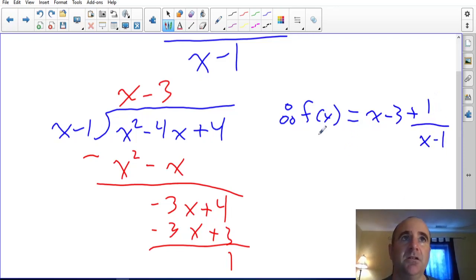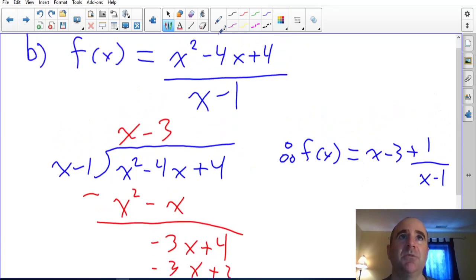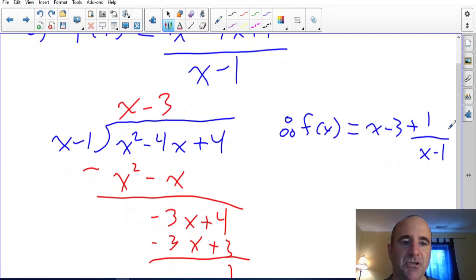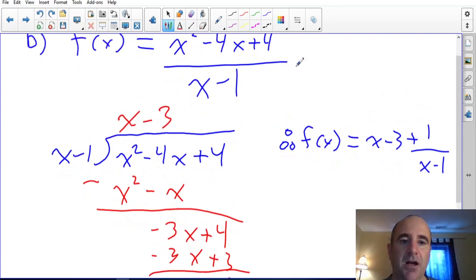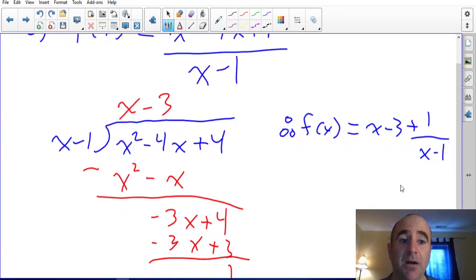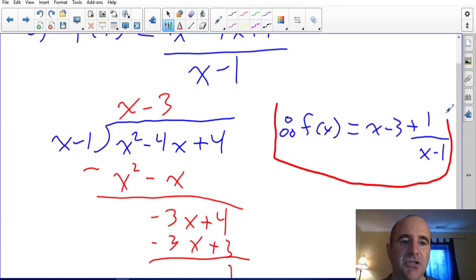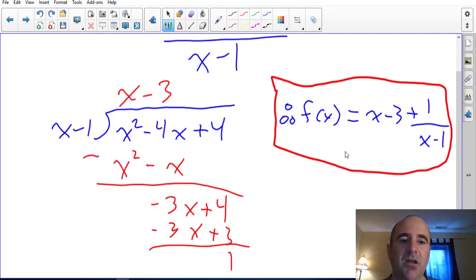So polynomial long division has allowed me to rewrite this rational expression here with this expression right here. It's kind of unsimplified if you want to think of it that way. Normally you take this and put it together and make it into that. Instead, polynomial long division allows me to do the opposite. And the reason I'm doing that is that the equation in this form actually gives me a better idea as to what the graph looks like and why.